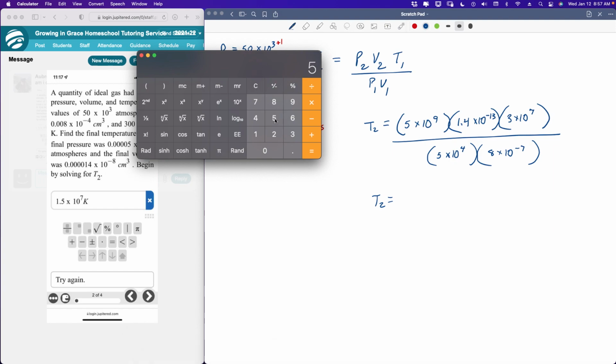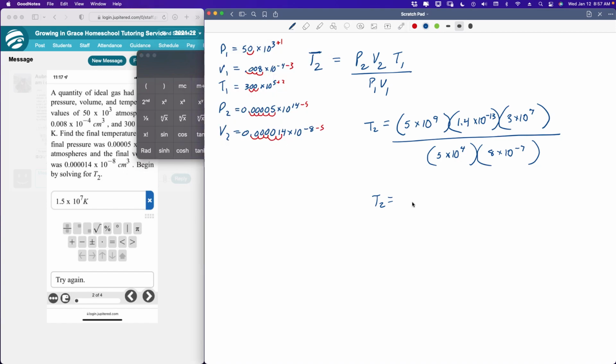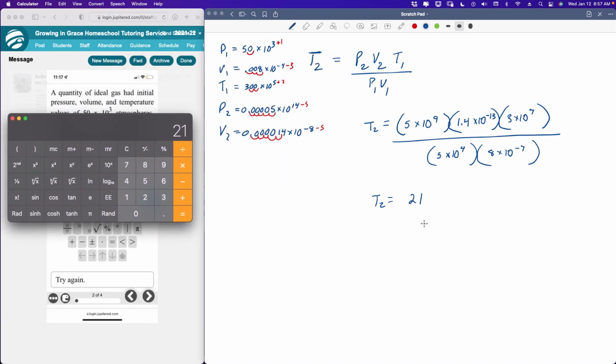So we say 5 times 1.4 times 3. That's 21. So 21, move this over here so we can actually see it the whole time. Now we bring times 10, that's our base. And now we just add the exponents: 9 minus 13 plus 7.